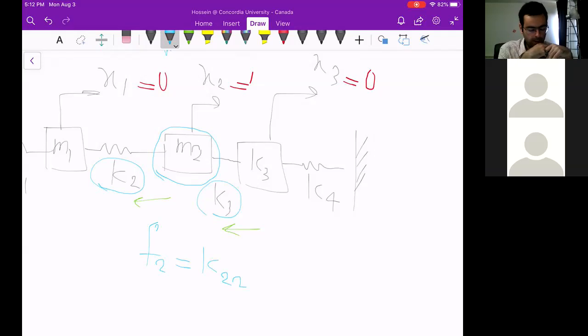However, in order to make sure mass 1 and mass 3 are stationary, there should be a reaction force here and a reaction force here. So in order to make sure the displacements at M3 and M1 are 0, there should be minus K3 applied to the mass 3 and minus K2 applied to the mass 1, right?